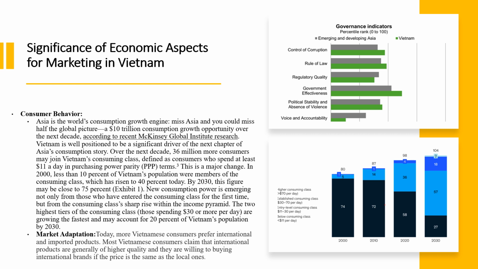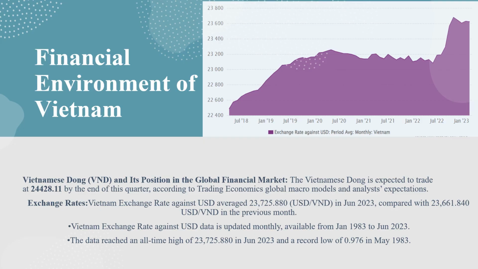On market adaptation, more Vietnamese consumers today prefer international and imported products. Most Vietnamese consumers claim international products are generally of higher quality, and they are willing to buy international brands if the prices are the same as local prices in their country.